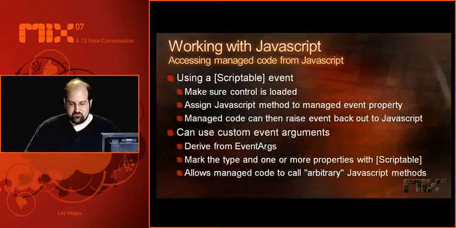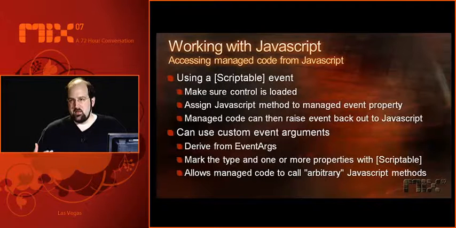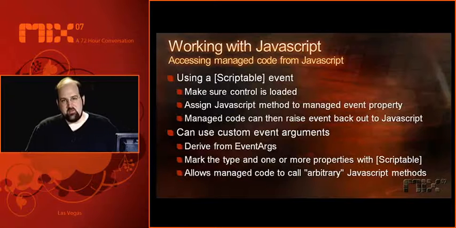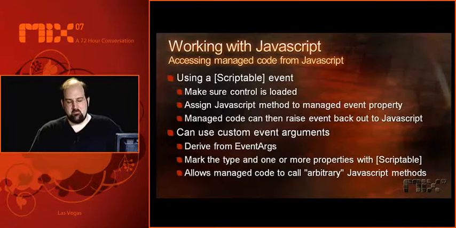and that way I can actually start using very complex types today. Now, it's sort of an advanced feature that's available inside of the scriptable feature, which is when you attribute a managed event with the scriptable attribute, it turns out that you can use events today in the alpha as what I'd call a poor man's way of having managed code just call arbitrary JavaScript methods.